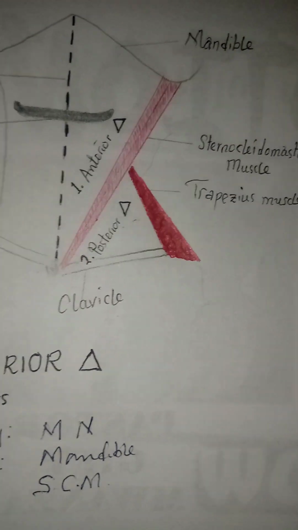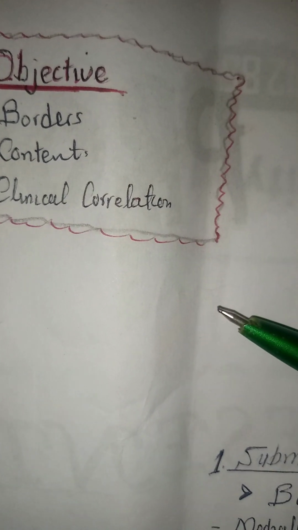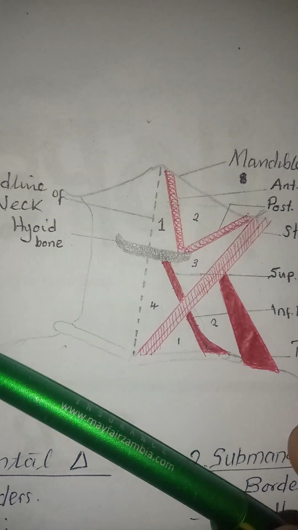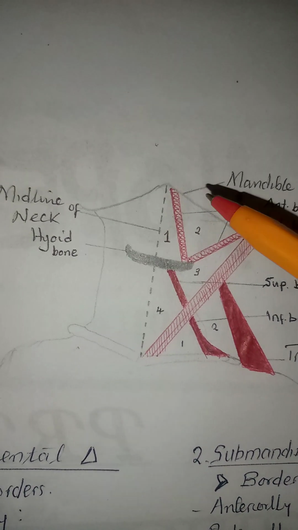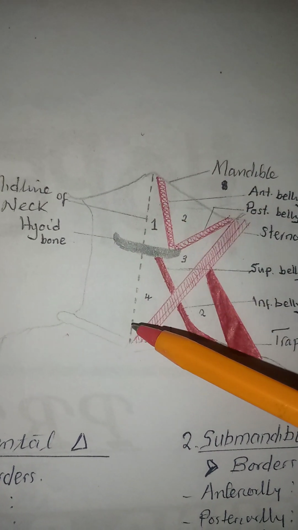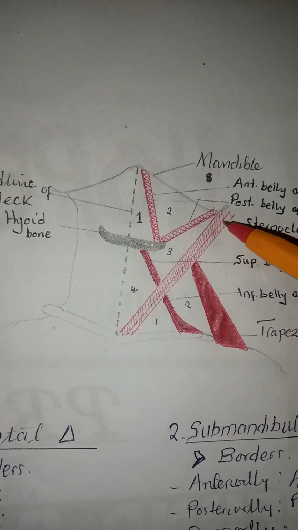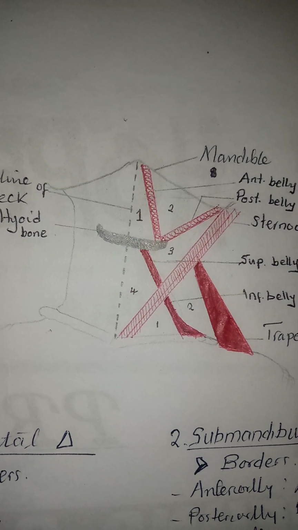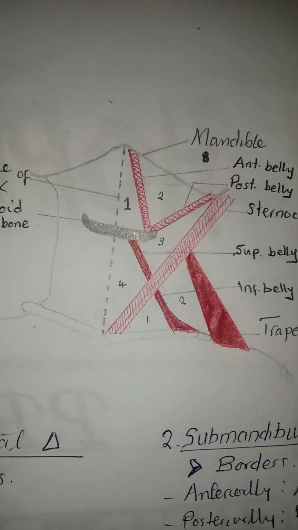Okay, so now let's come over here for simplicity. Remember we had the midline of the neck and the sternocleidomastoid muscle. What we have added are two muscles.